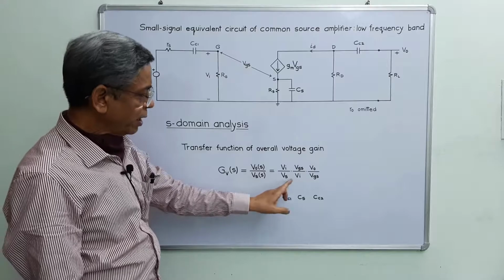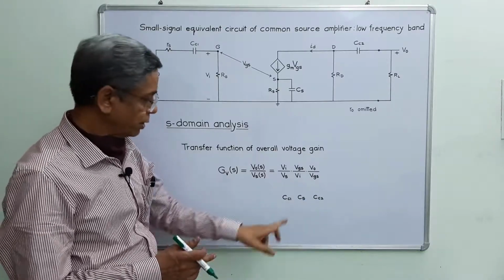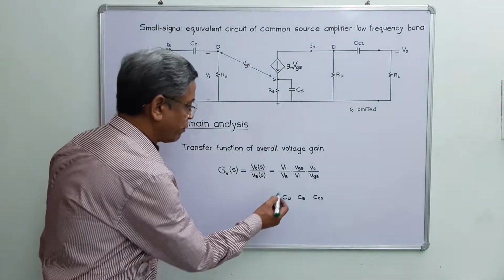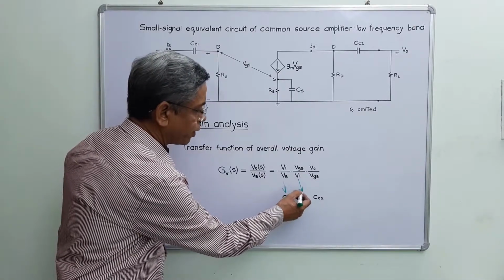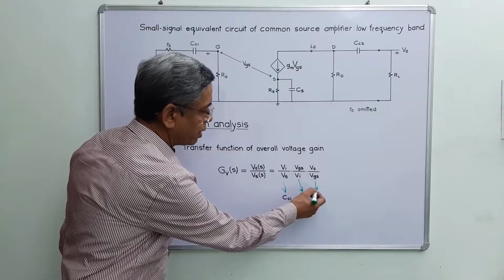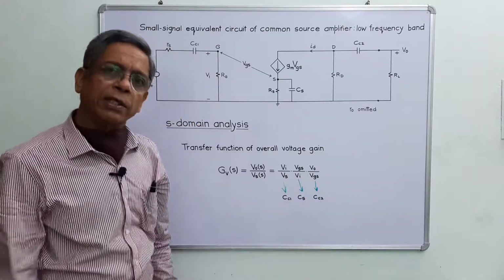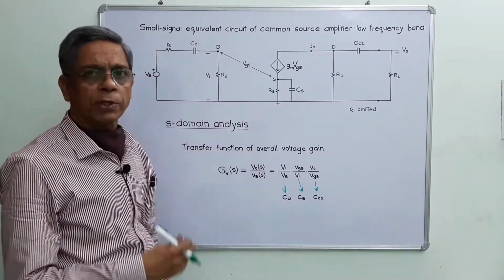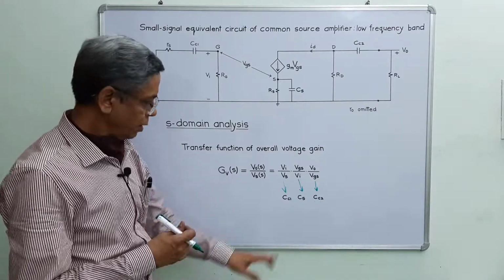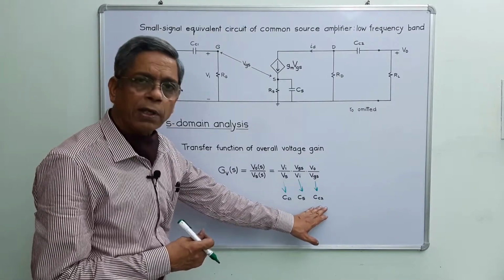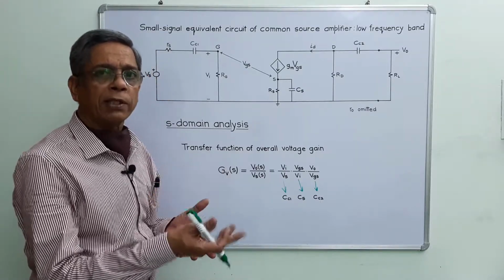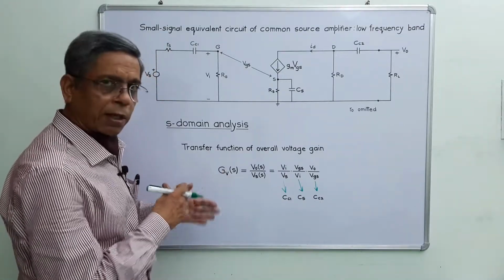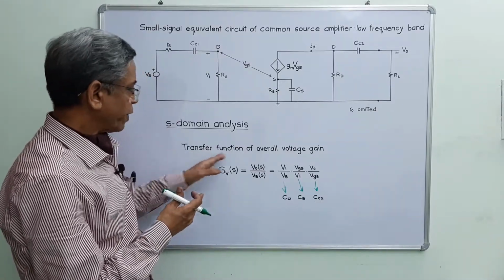These three fractions correspond to the three capacitors: the first to CC1, the second to CS, and the third to CC2. On the next pages, we will derive the expression for lower 3 dB frequencies corresponding to these capacitors separately. Then we will multiply them to get the complete expression for transfer function of overall voltage gain GVS.